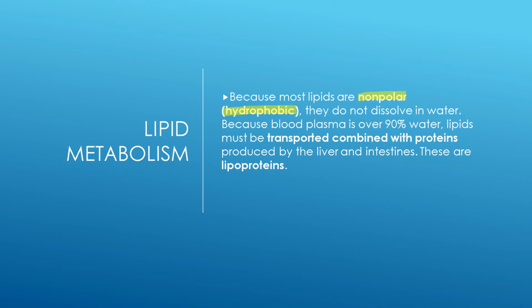The lipid and protein combinations that are formed are called lipoproteins. Kind of makes sense, those two words together, lipids and proteins. So these are called lipoproteins.